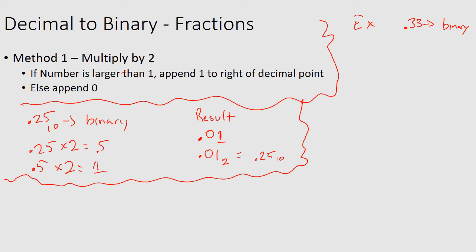It is not the same for fractional decimal numbers. So we're going to stay with our convention. All right, we're going to take 0.33 and let's put our results down here, with our decimal point there, and we're going to take 0.33 and multiply that by 2.